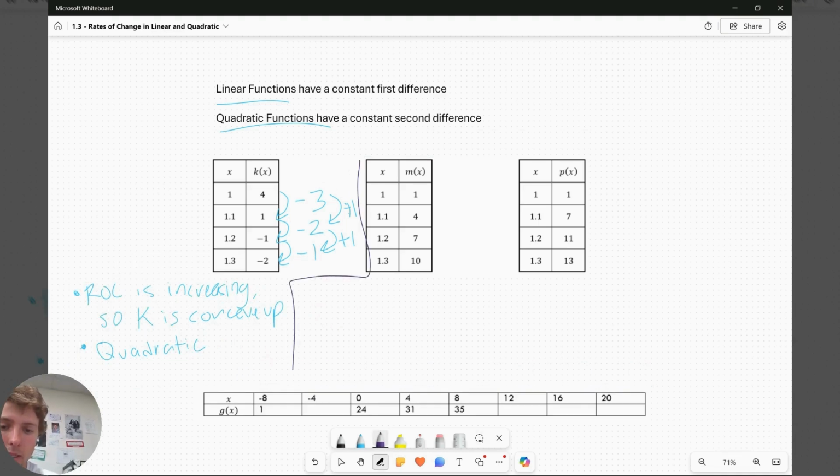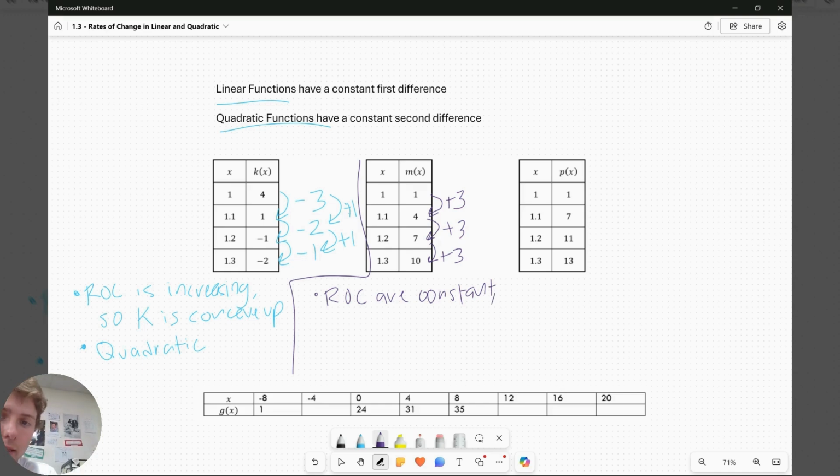Let's talk about the second table now. Again, you can find those rates pretty easily, those different changes. You might include the sign with it to really clarify: plus 3, plus 3, plus 3. Notice those rates of change are constant. Well, because it's constant, what does that tell us?